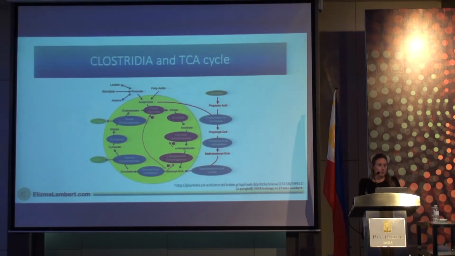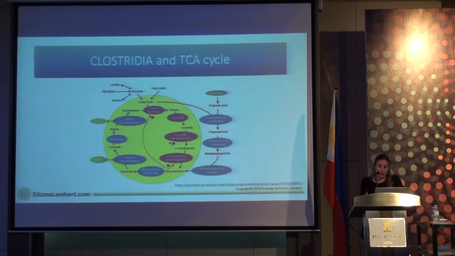And like I said, it is a propionic acid-producing bacteria, which can then feed into the TCA cycle, so that's succinyl-CoA. And remember that short-chain fatty acids produced by gut bacteria can have neurological effects, and that may not be so favorable. And so propionic acid is one such example.